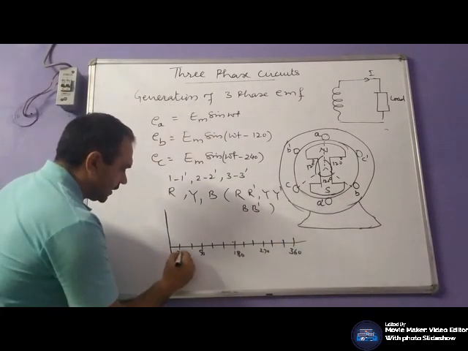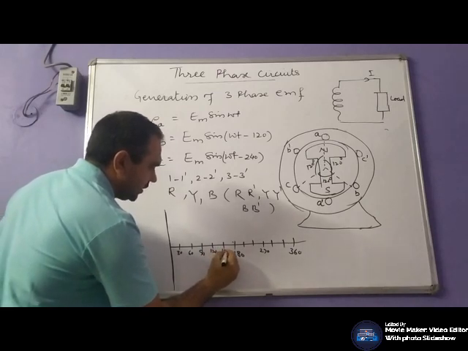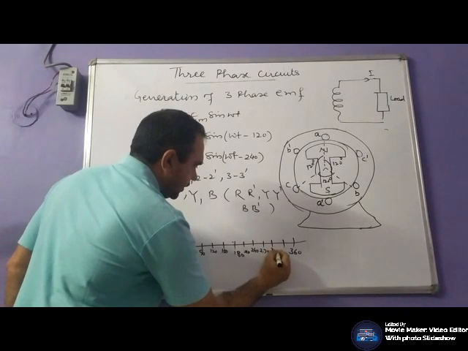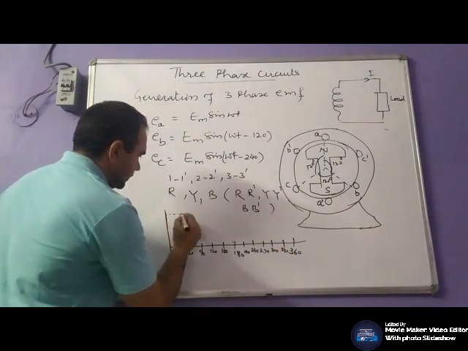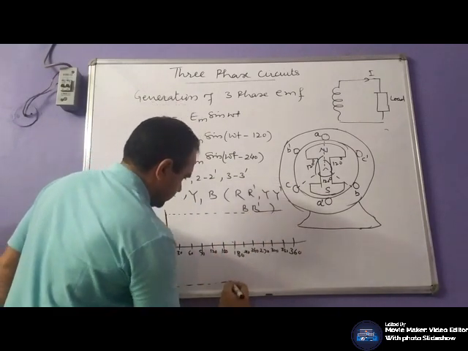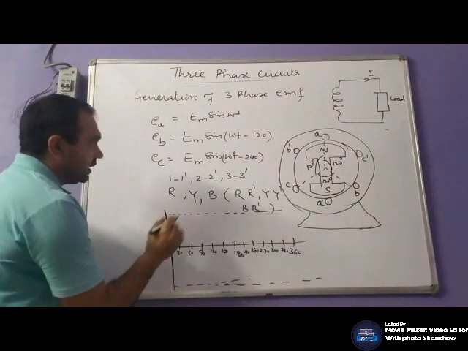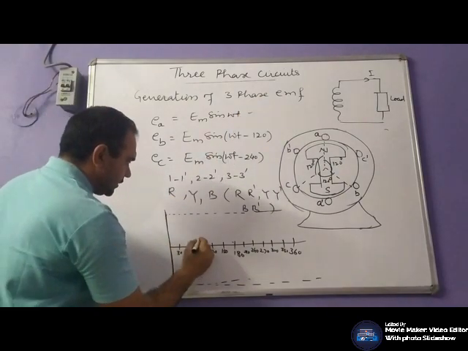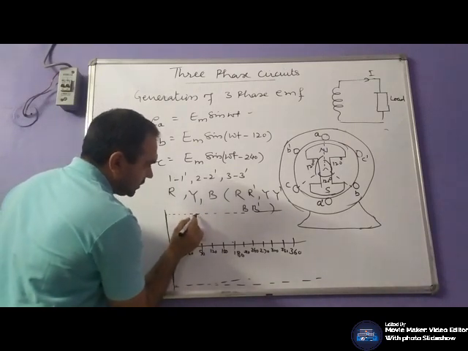So this will be 30, 60, 120, 150, 210, 240, 300, 330, and this is the line for the maximum value. In the first coil, the EMF induced is given by this one. So this is the wave shape.